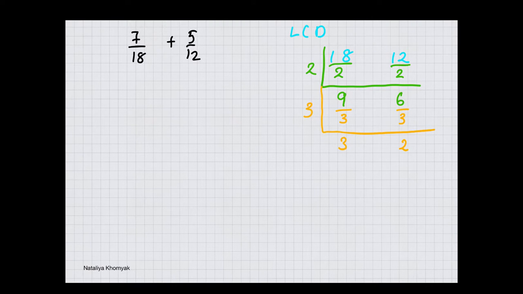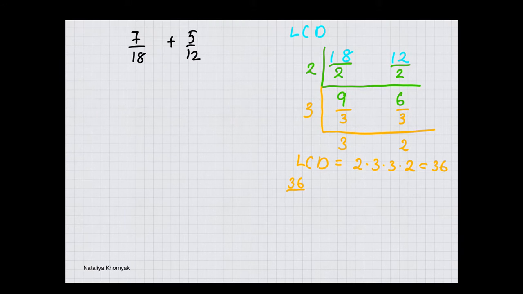Now we have 3 and 2, since they are relatively prime, there is nothing we can factor out except 1. So we have the LCD, which is equal to 2 times 3 times 3 times 2, which is equal to 36.